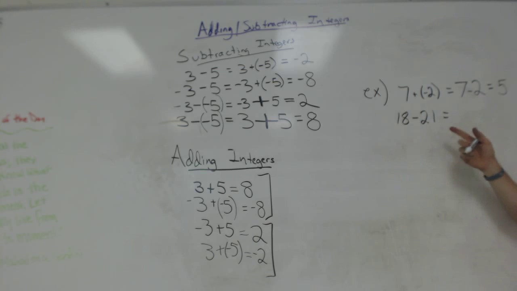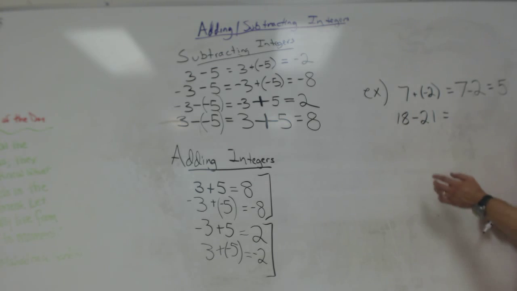These numbers are getting a little big to use our number line, right? So when you get bigger numbers, you really want to try to use this strategy of looking at the two numbers and saying, first, do these have the same sign or do they have different signs? We have to remember that 18 minus positive 21 actually means plus a negative.